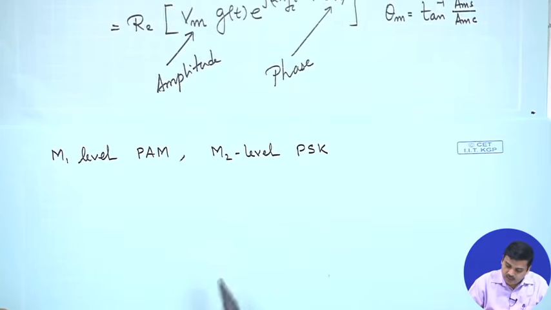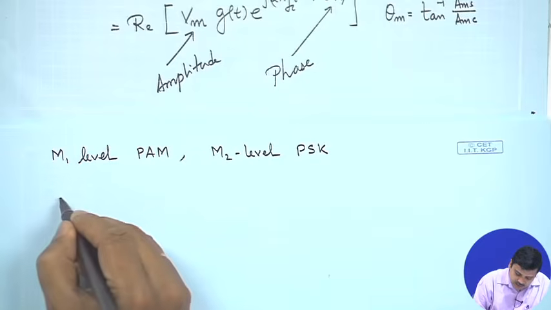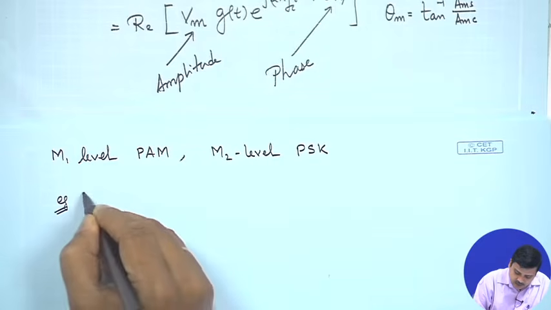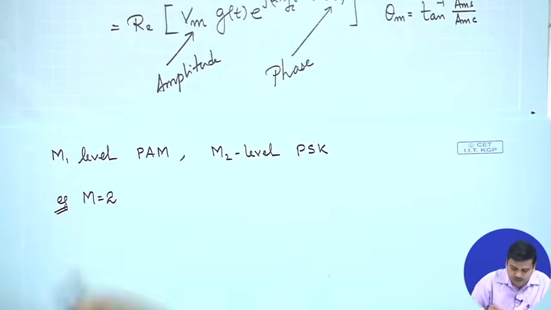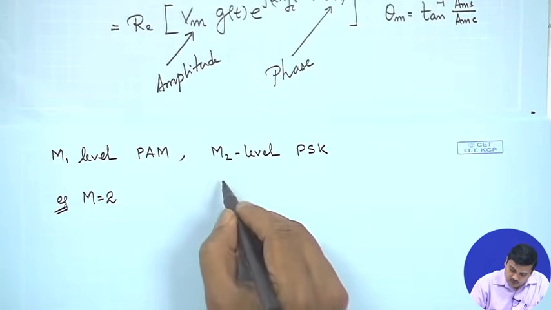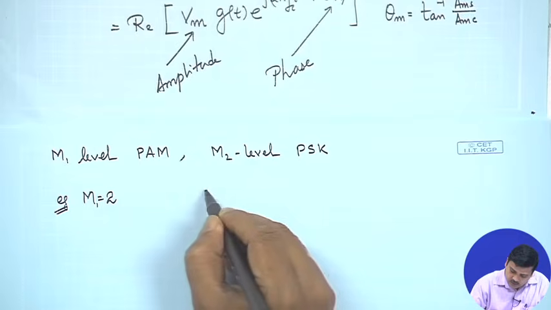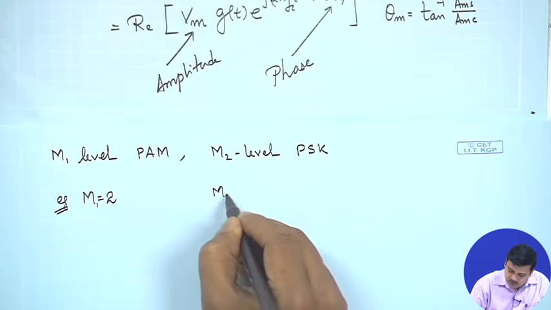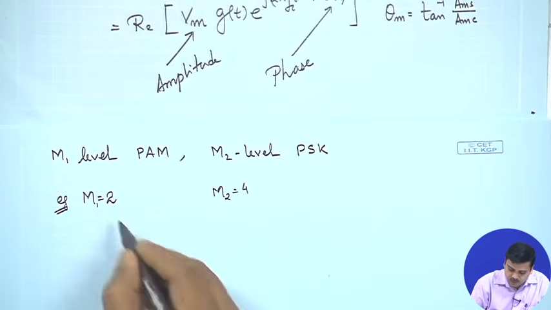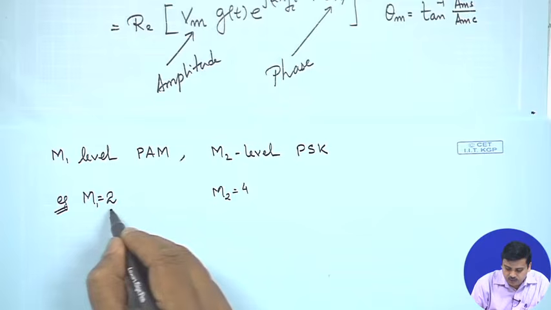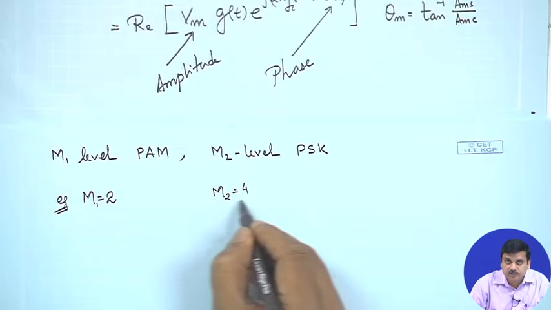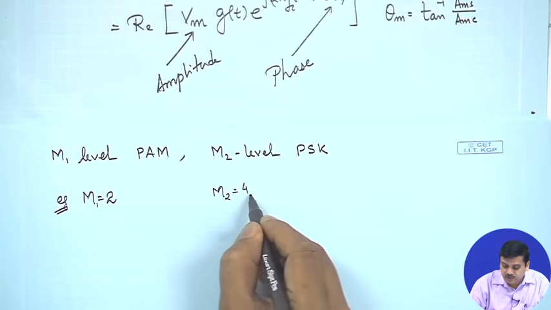As an example, suppose M1 equals 2 and M2 equals 4. That means I have two amplitudes and four different phases.